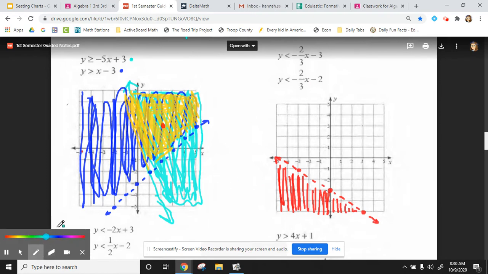Now we're going to change colors and graph the next one. It starts at -2. We go down 2, left 3, up 2, left 3, down and to the right, up and to the left. All right, it's dotted.